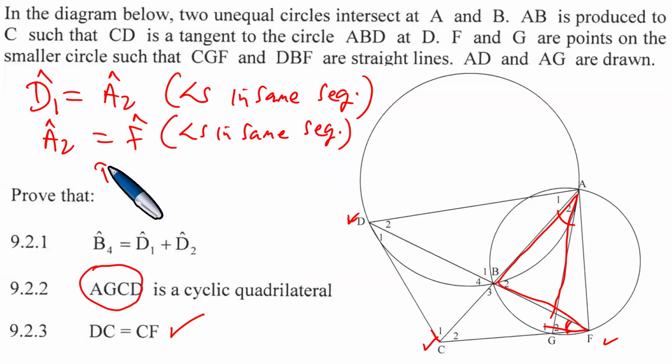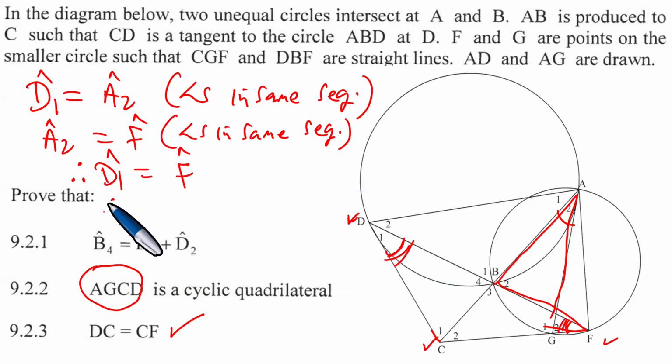So that angle D1 is equal to angle F. D1 is therefore equal to angle F, because both are equal to A2. And if D1 equals angle F, we're celebrating because this one is equal to this one here.